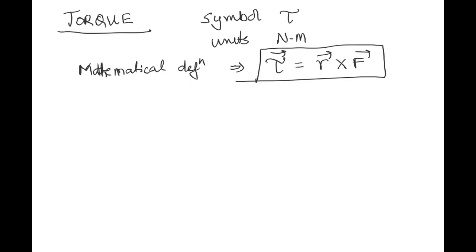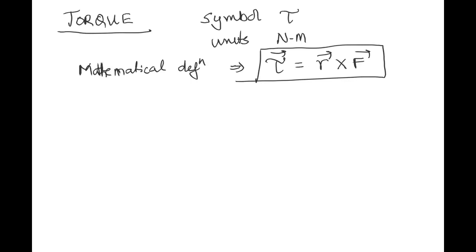So it turns out that for rigid bodies, not only does the magnitude and direction of the force matter, the position of the force applied on the rigid body also matters.